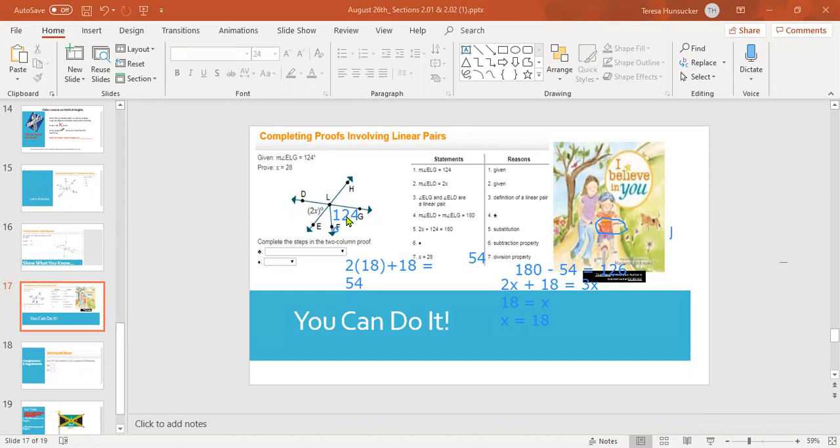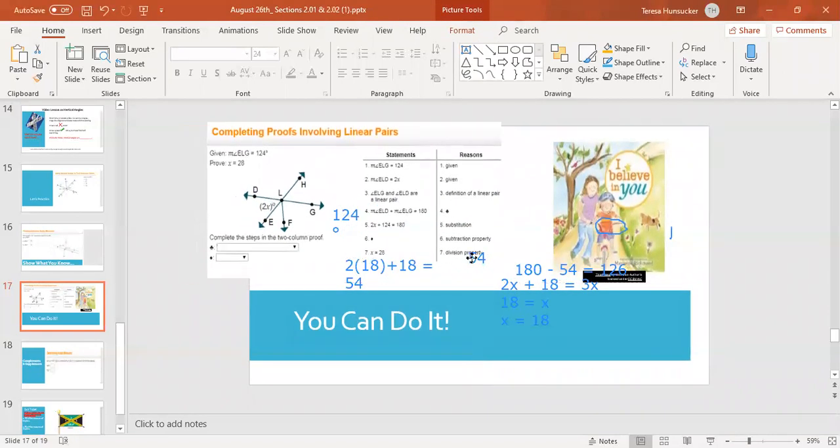That means 2x and 124 are supplementary because they're linear pairs. They share that side. So we're going to basically just say, if ELG is 124, 124 plus 2x equals 180.